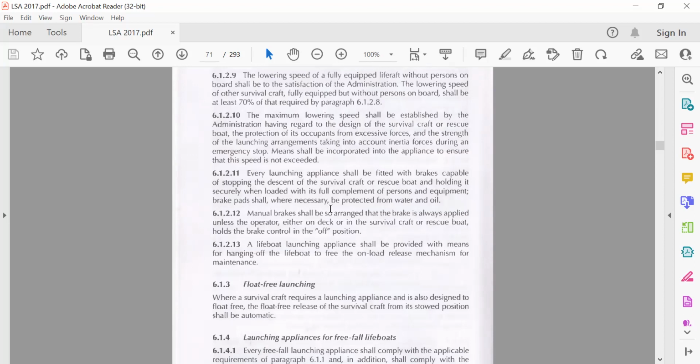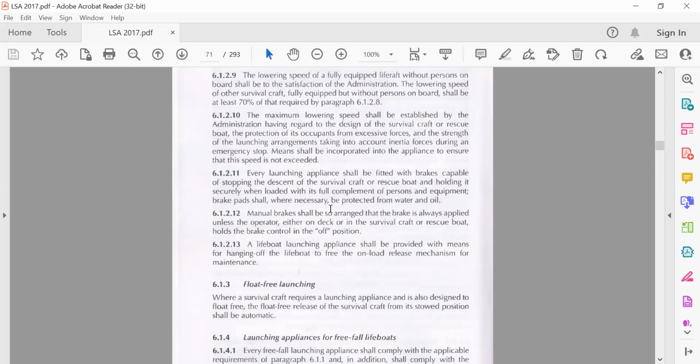Brake pads shall, when necessary, be protected from water or oil. So the capacity of these appliances must be good enough to hold firmly, to hold securely, to hold, what other English can I use now? To hold, make sure that it's safe.